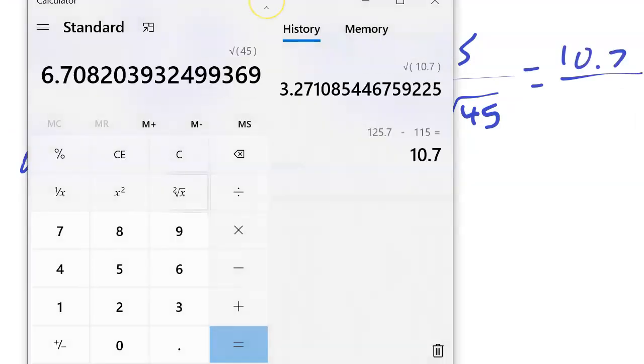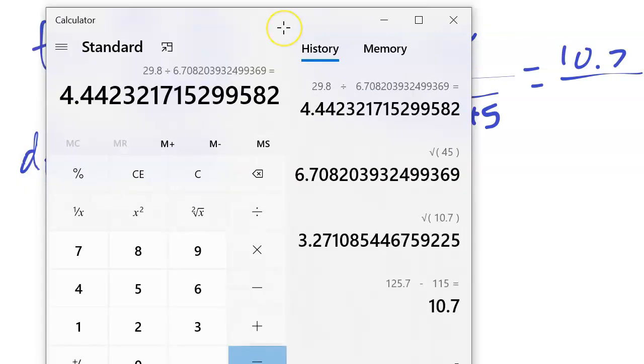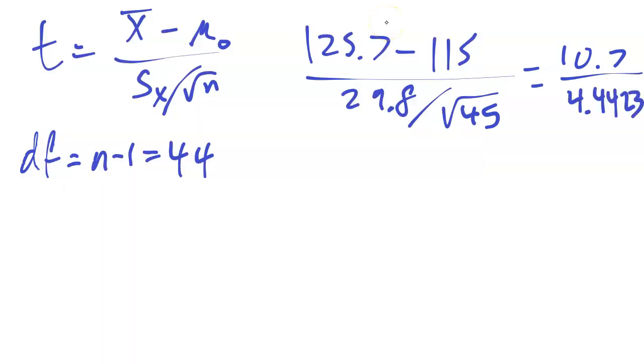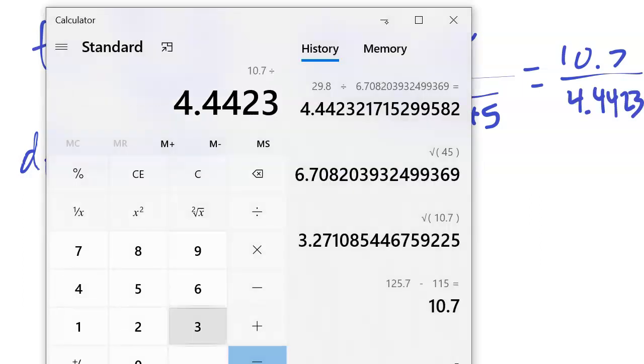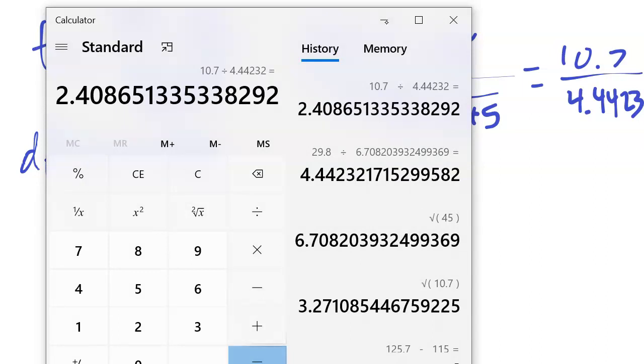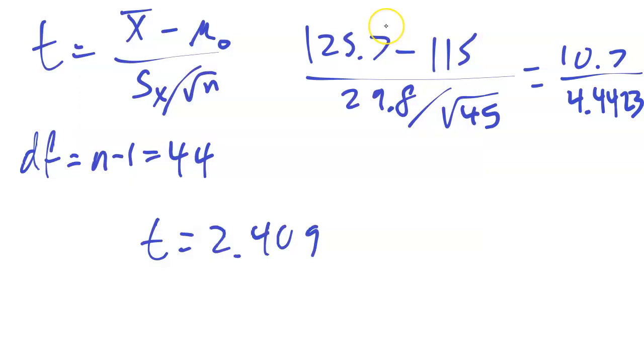The square root of 45 is 6.7082. So the denominator is 4.4423. All right, so that gives us a test statistic t of 2.409. So our degrees of freedom is 44, and our t is 2.409.